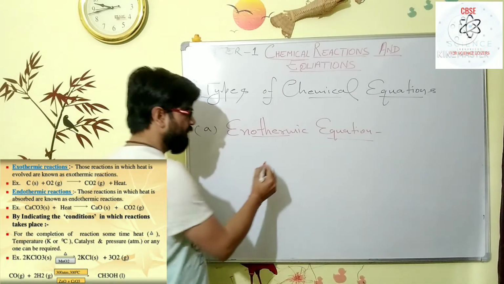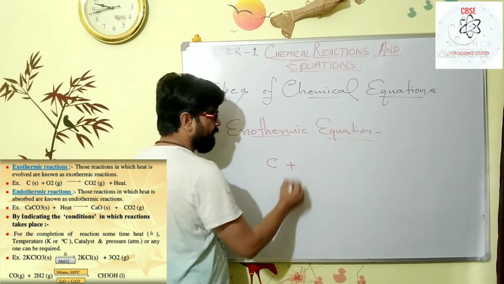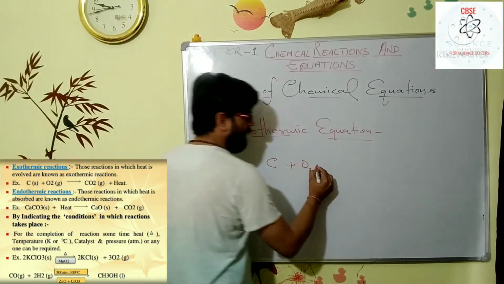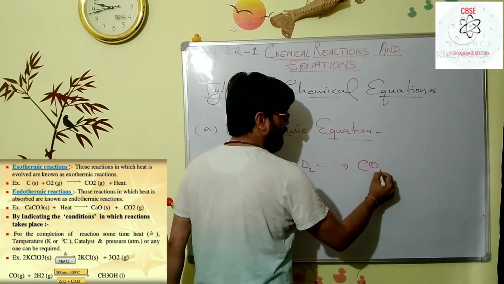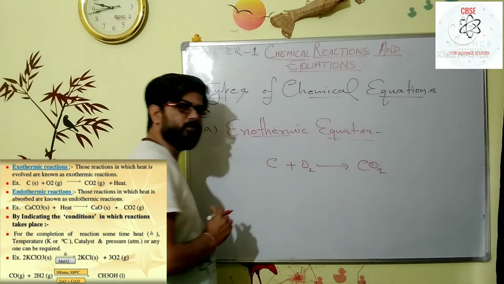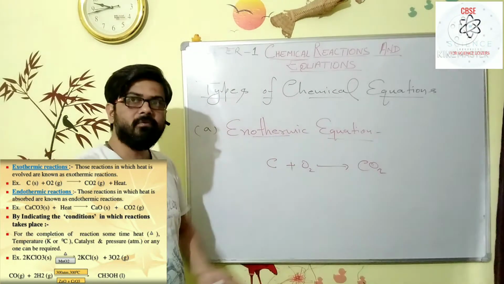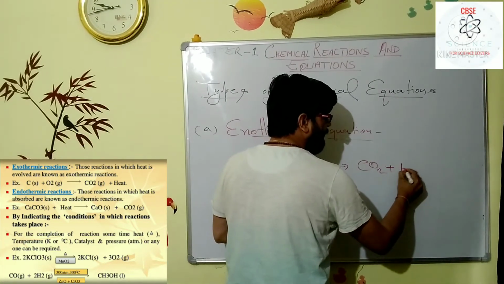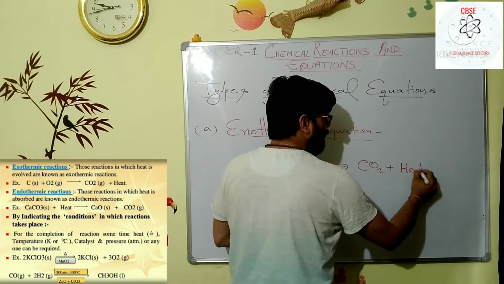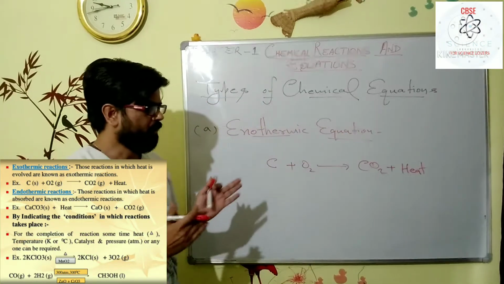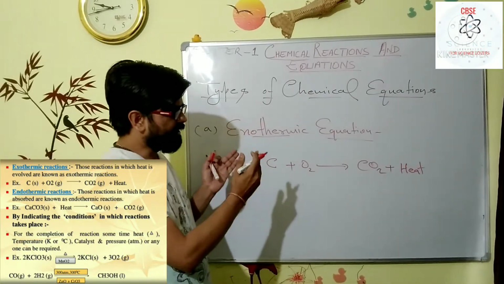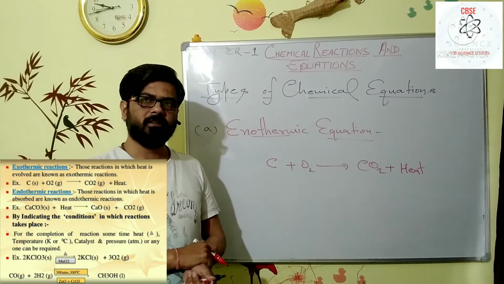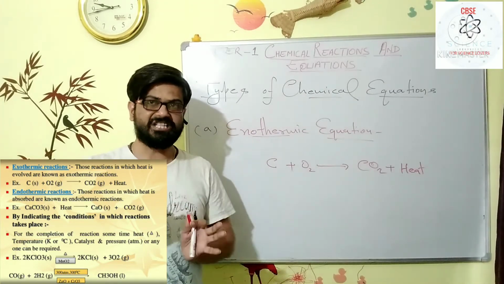For example, if you burn carbon, then carbon reacts with oxygen to form carbon dioxide. So during this reaction, energy is evolved. How is the energy evolved? We write the evolution of energy like that, with the product, in the form of heat.